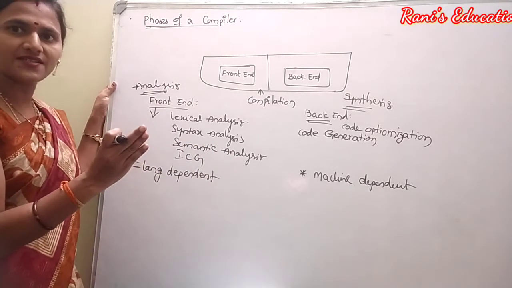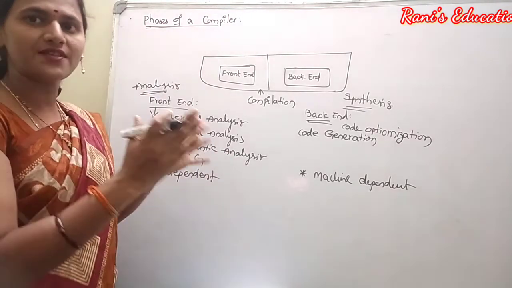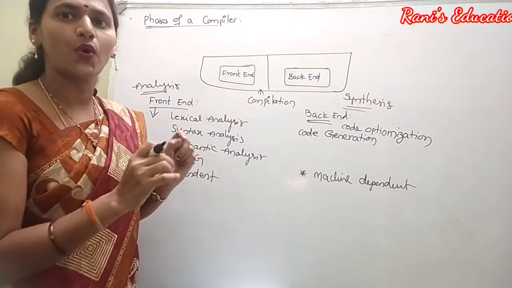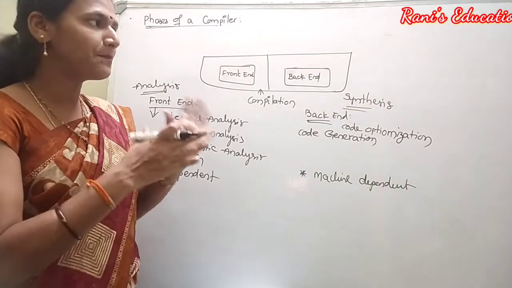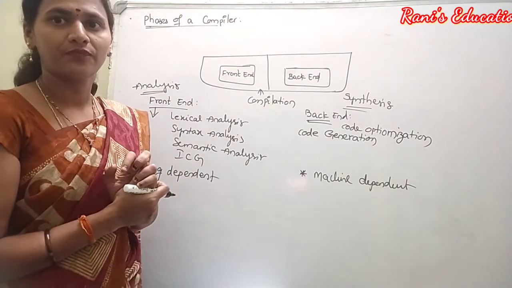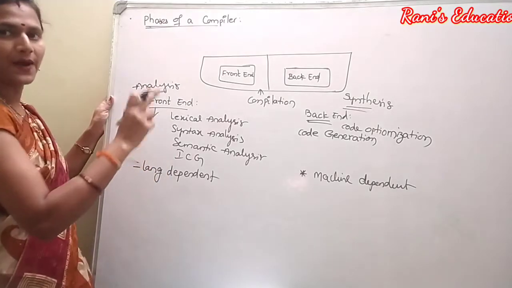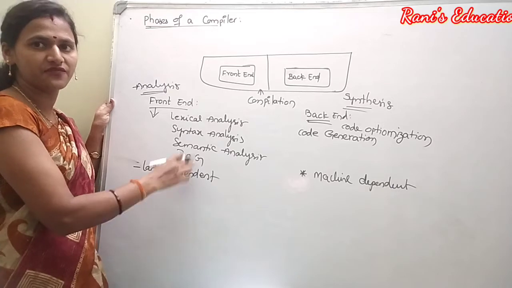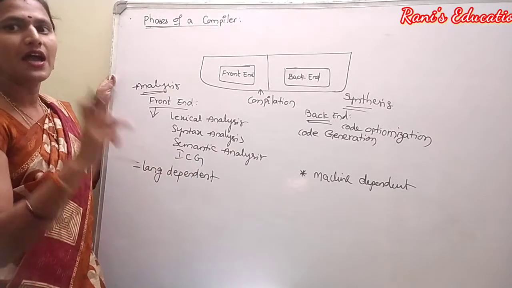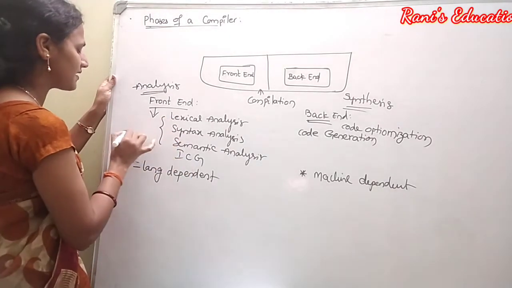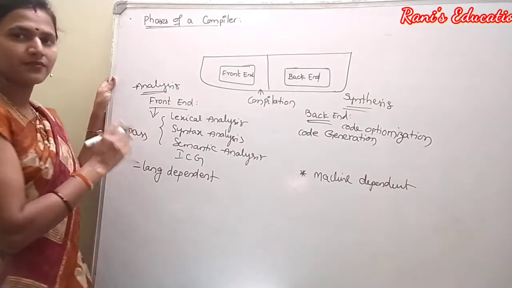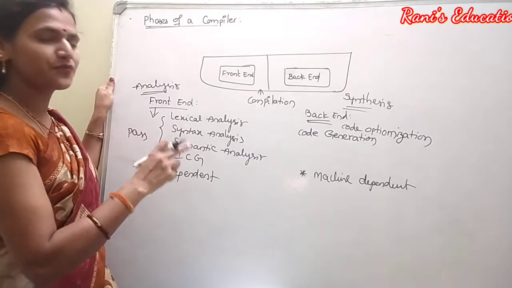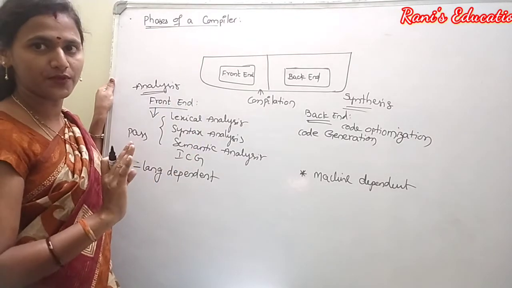Now we have to know what is meant by pass and phase of a compiler. A pass is when some phases are grouped together as a single one. The complete scan of a program is nothing but a pass. Here the lexical analyzer, syntax and semantic analysis, and intermediate code generation phases are grouped together as a single pass, the complete scan of a program, which reads the input and writes output.